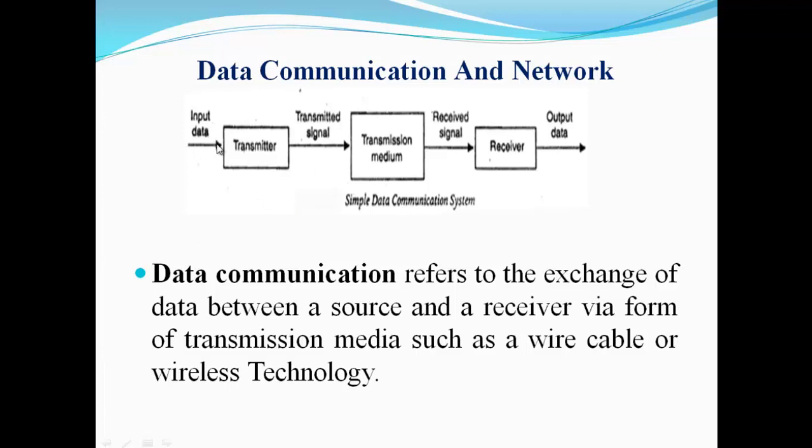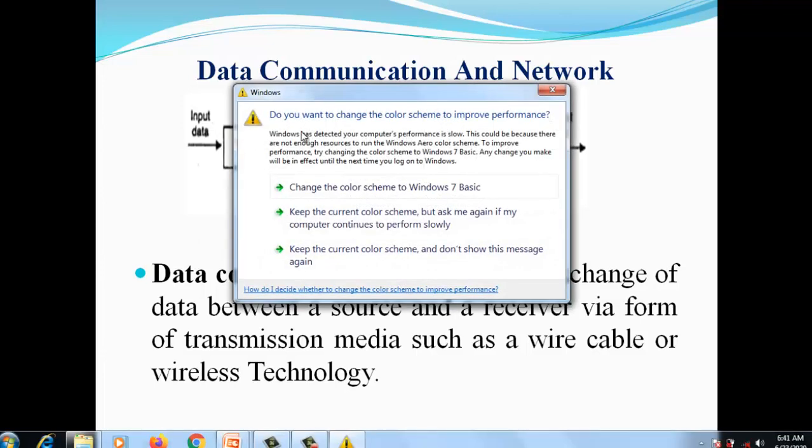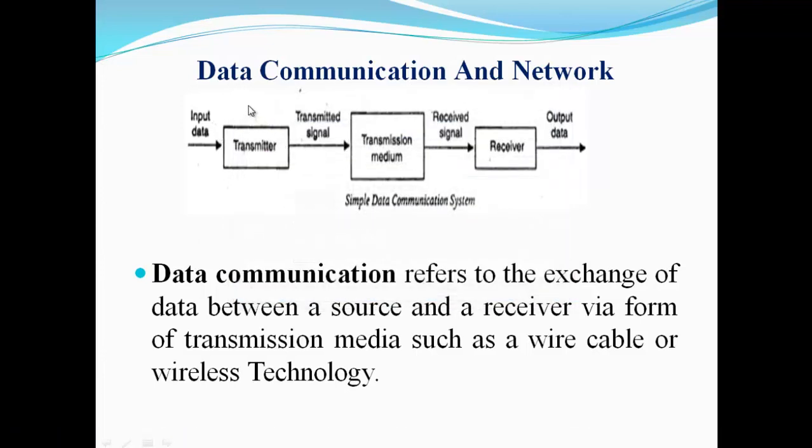Here this is known as the data, also known as the sender, and this part is known as the receiver. When a user sends data from here to here, the data is not transmitted directly, but it uses the concept of DCN, data communication and network.